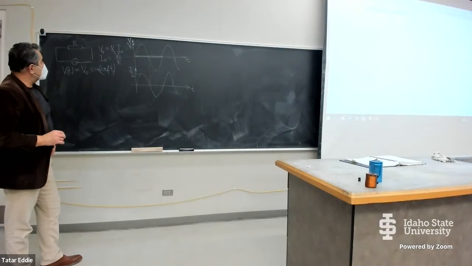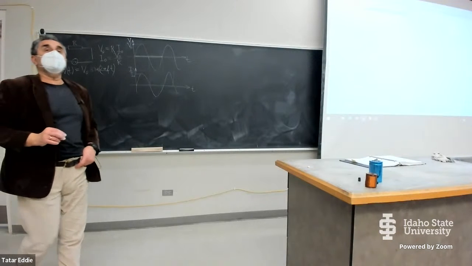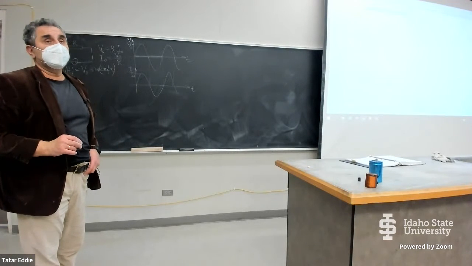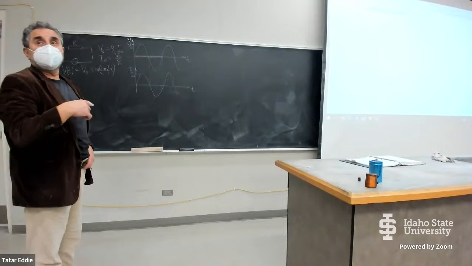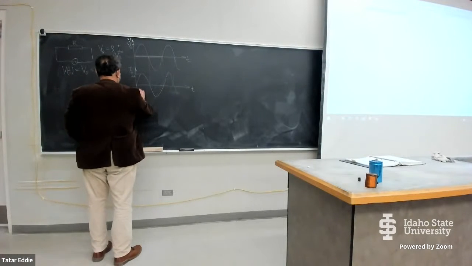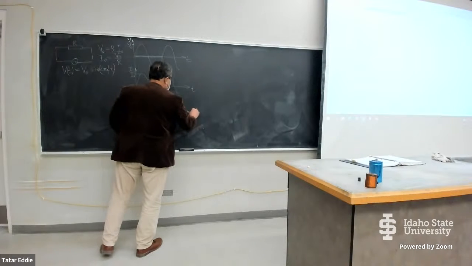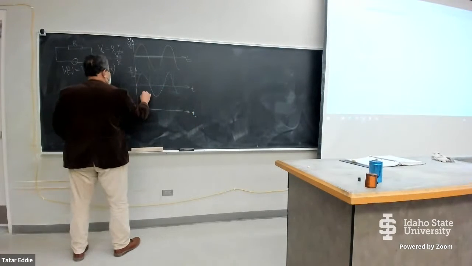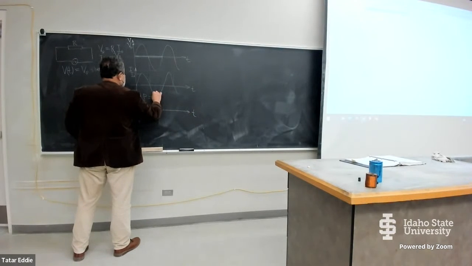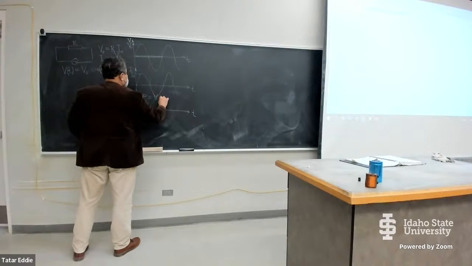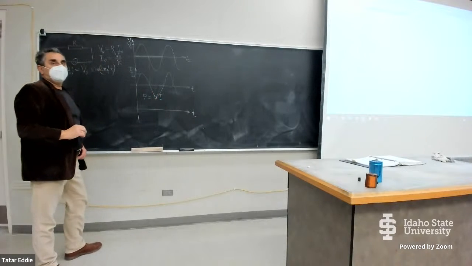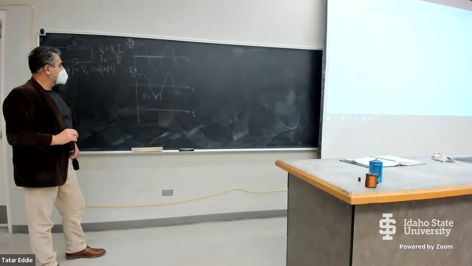The next diagram here is to see the power consumption in this circuit. And if you recall, power consumption can be calculated as a product of the voltage times current.